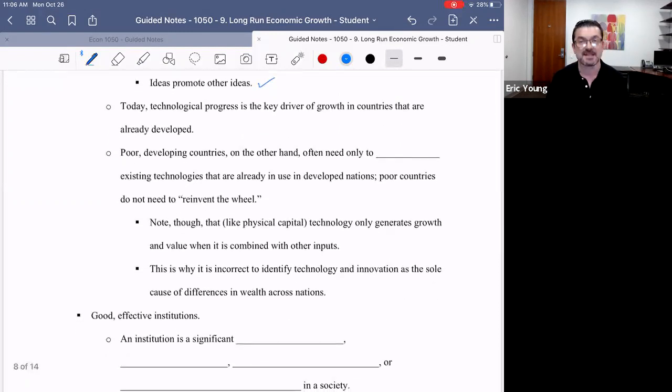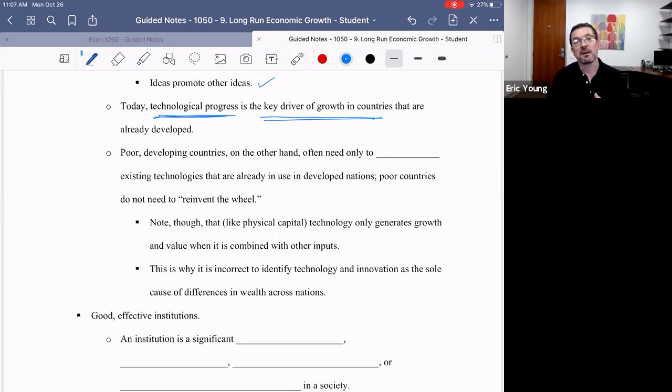In fact, we believe that today, in most of the advanced world, the US and Canada, Japan, Western Europe, a few other countries in Southeast Asia, the real key driver of growth in advanced countries is tech progress. Our competitive advantage, in other words, in the rich world is our ability to innovate, okay?